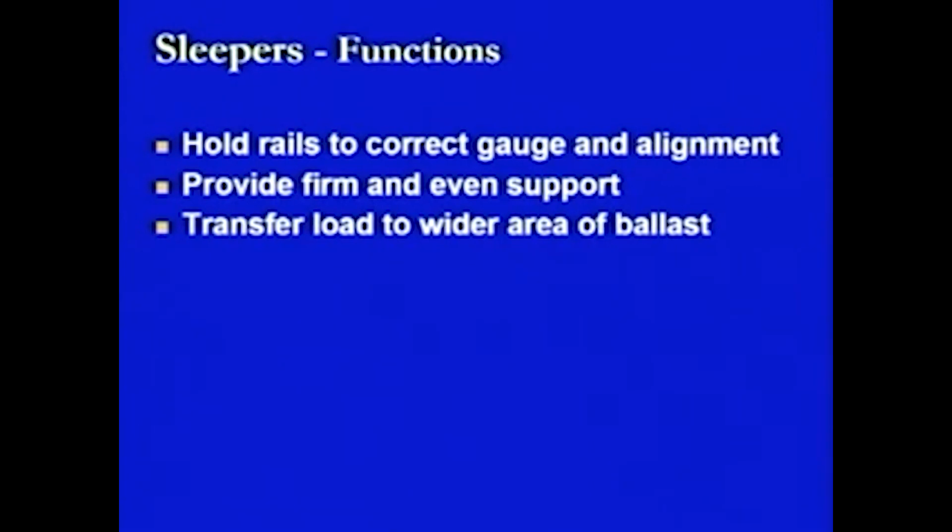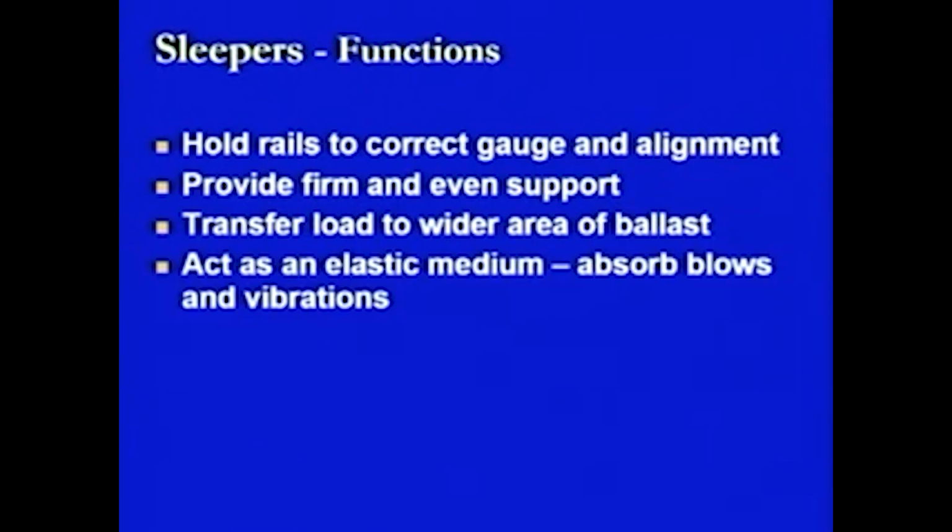Therefore, there is a need to transfer the load to a wider area so that the load remains within the load-taking capacity of those sections. So, this is another important aspect, that it should be able to transfer the concentrated load coming from the rail track section to the ballast section.